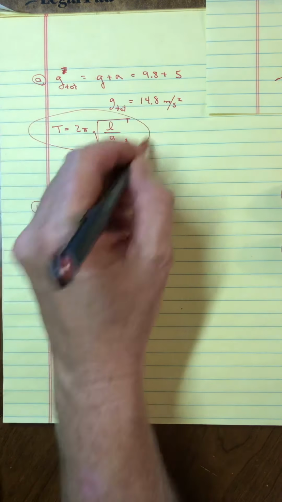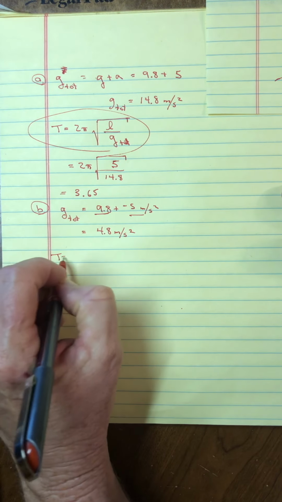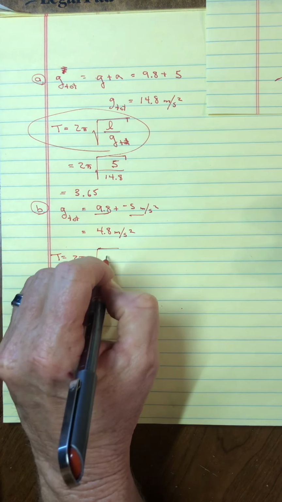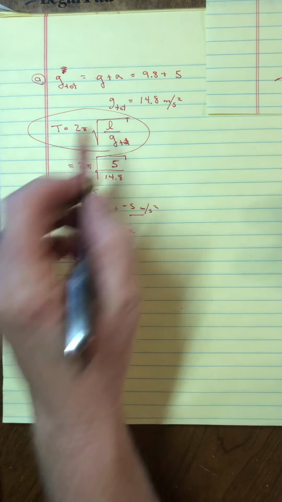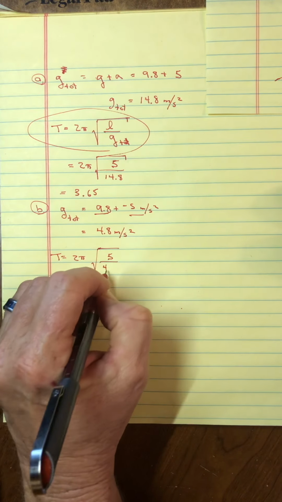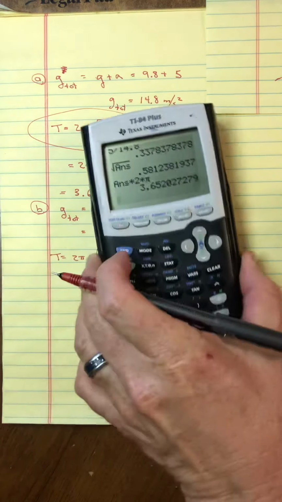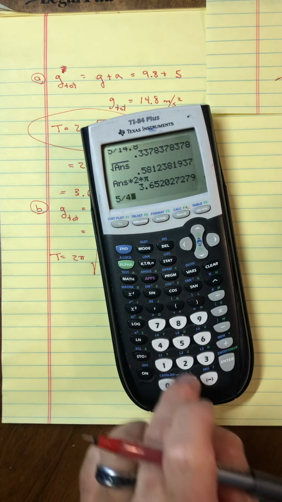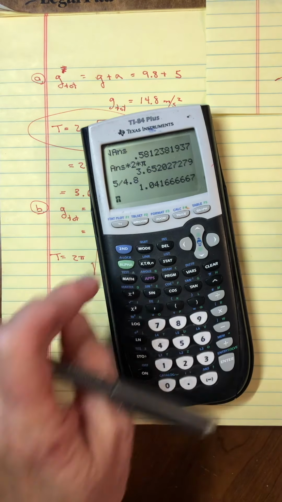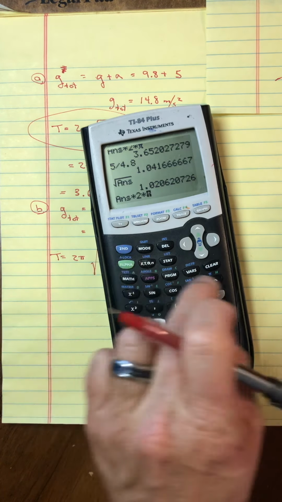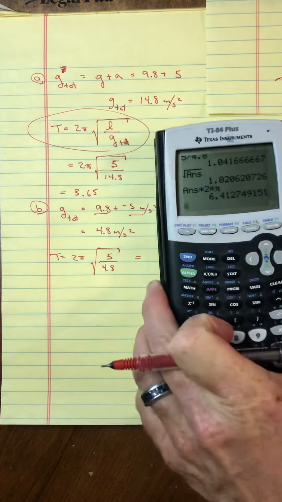So we wouldn't need to rederive anything. The derivation would be the same if we were on this small planet. So this would be its length, 5, divided by the acceleration of 4.8. So 5 divided by 4.8, square root, multiplied by 2, and multiplied by pi.